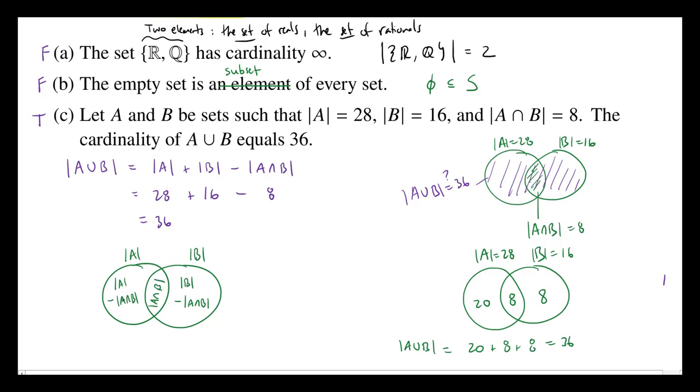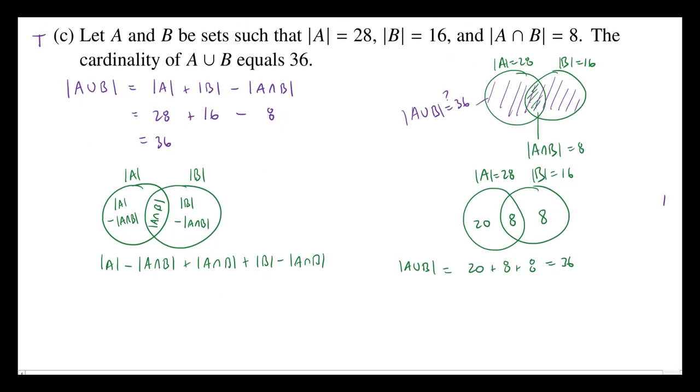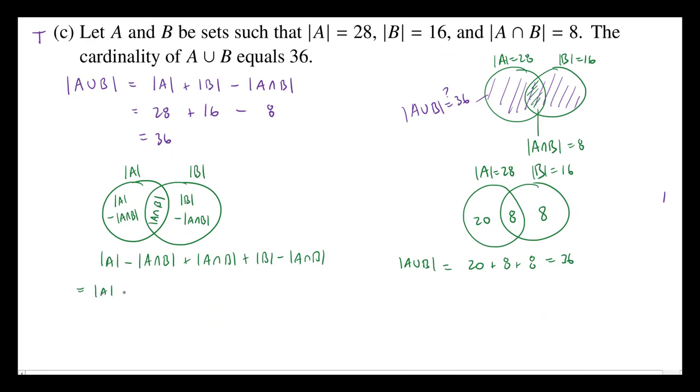If I add these all together, I have the cardinality of A minus the cardinality of the intersection, plus the cardinality of the intersection, plus the cardinality of B minus the cardinality of the intersection. So in total, I have the cardinality of A and the cardinality of B, and you notice here we have a minus cardinality of the intersection plus a cardinality of the intersection. That goes away, and I'm left with this minus the cardinality of the intersection. So that's how you could derive this formula if you want. Okay, I hope this is helpful.